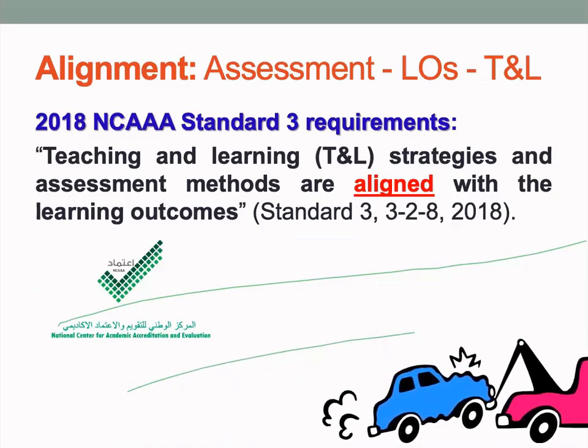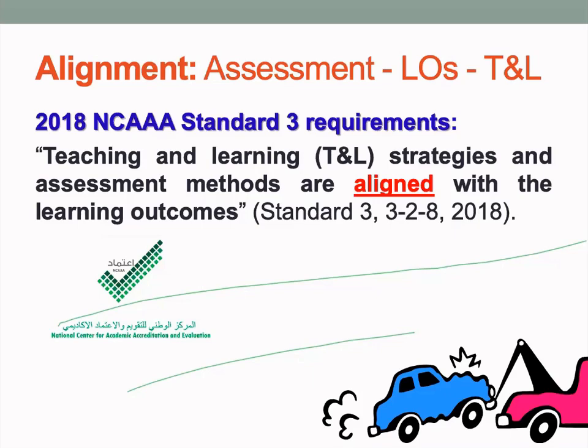And then about alignment. As we discussed in the previous slide, we have three main components in this OBE or in this education: assessment, learning outcome, and teaching and learning strategy. These three components should be aligned. Standard 3 2018 requires that teaching and learning strategy and assessment method are aligned with the learning outcome.